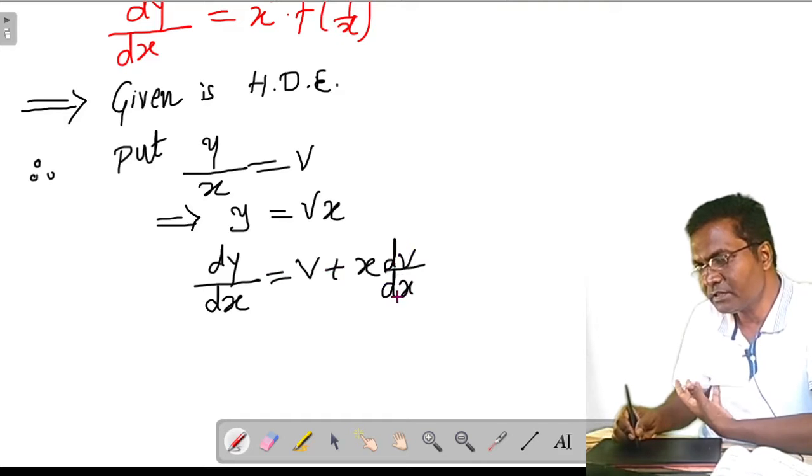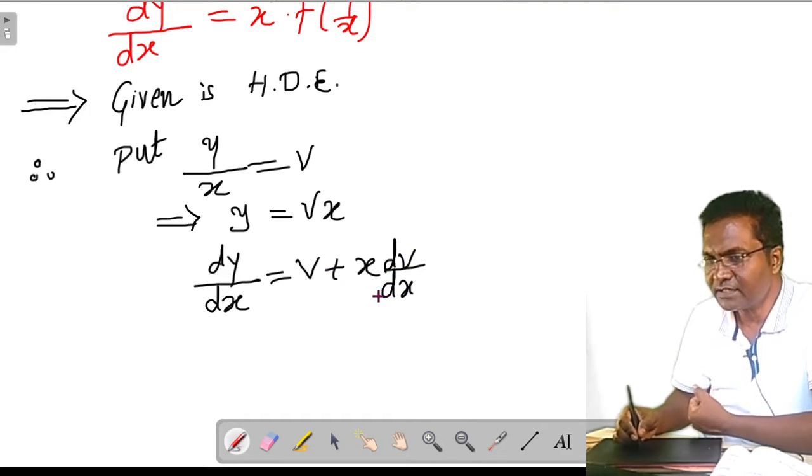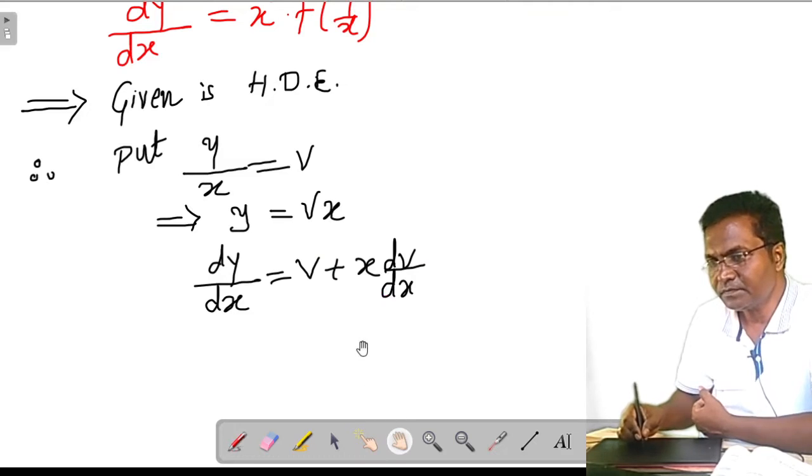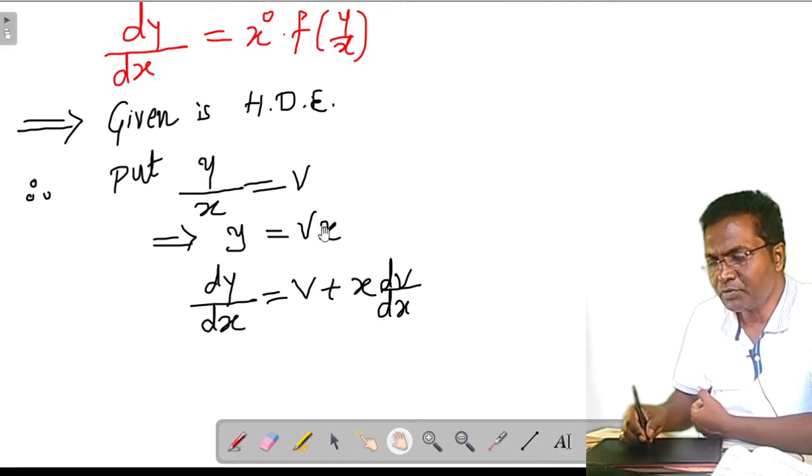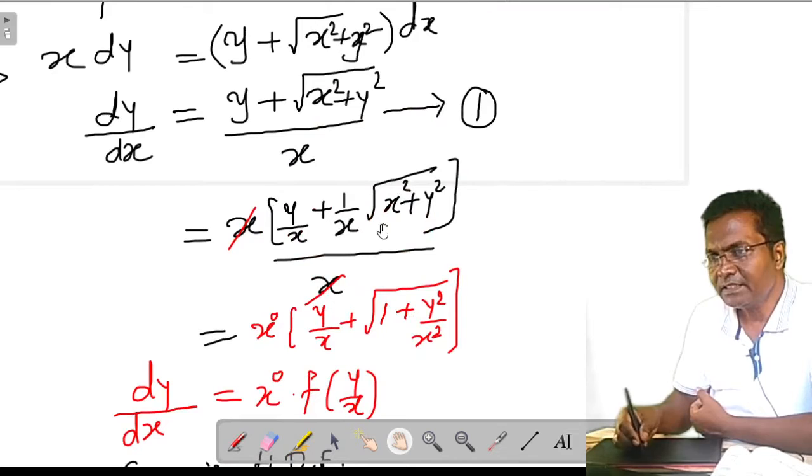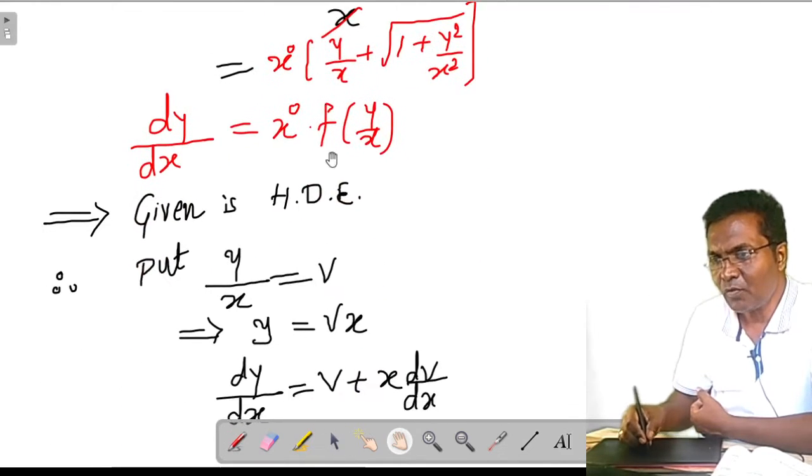Those who have watched the first video on homogeneous equations can understand it, otherwise you can't. Okay, now you make these substitutions in equation 1.